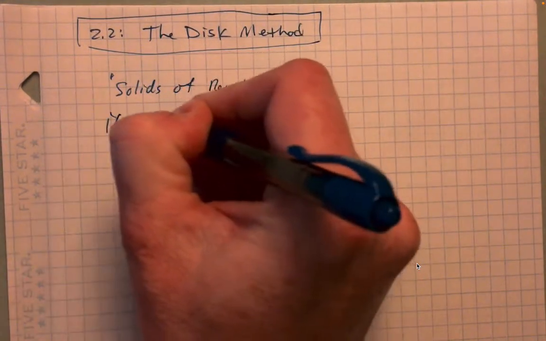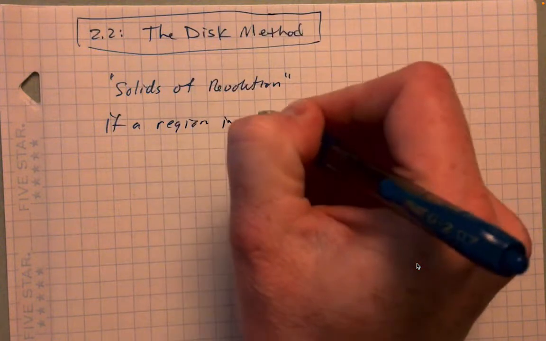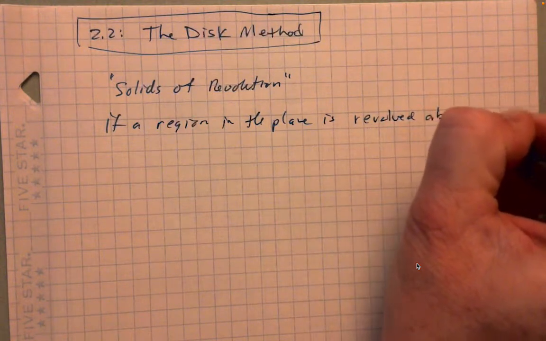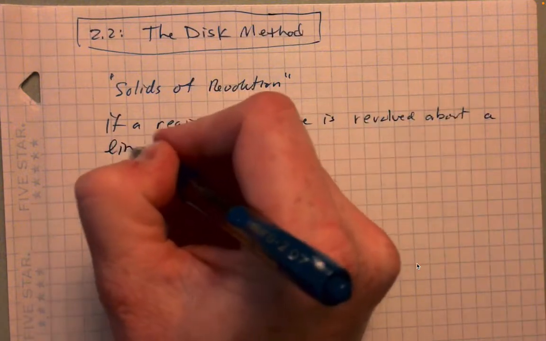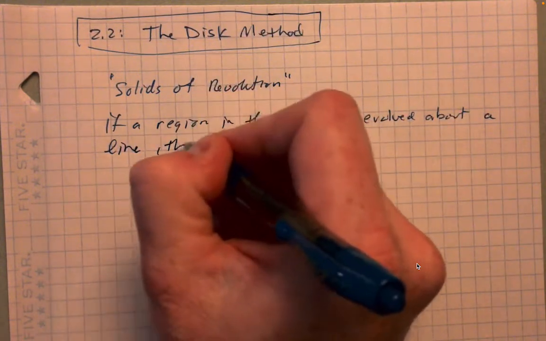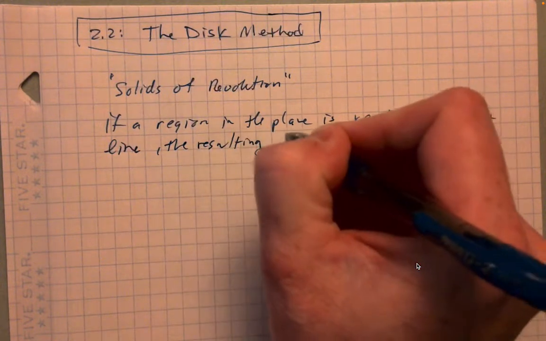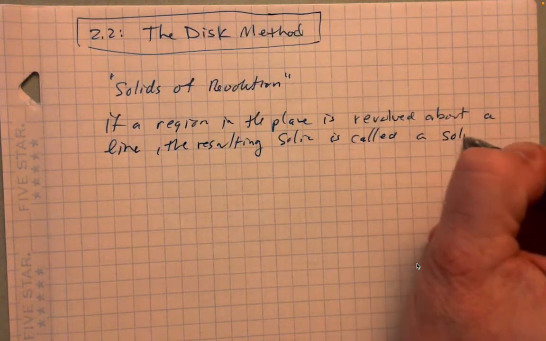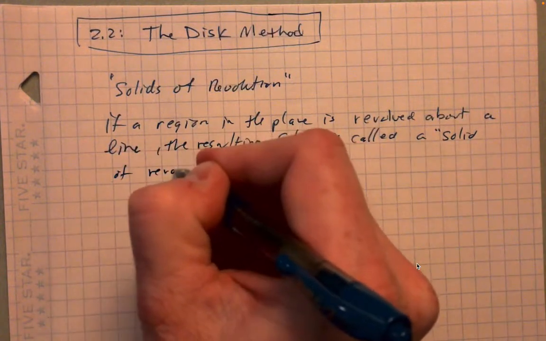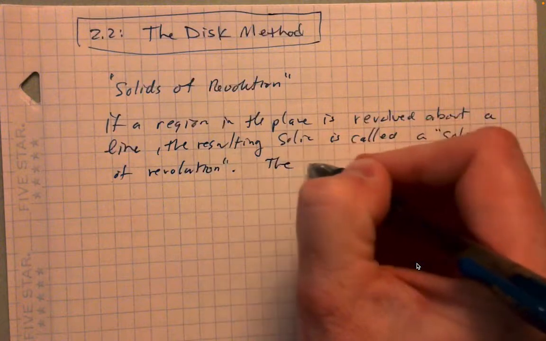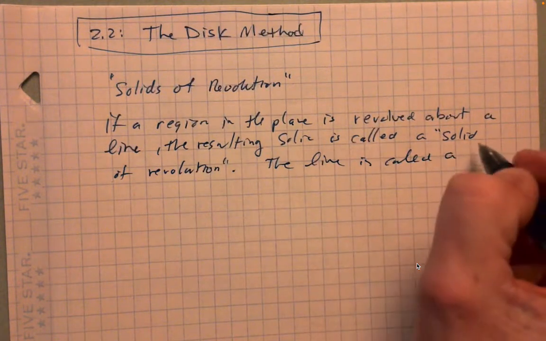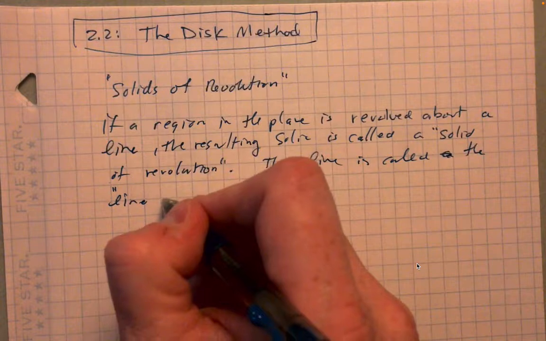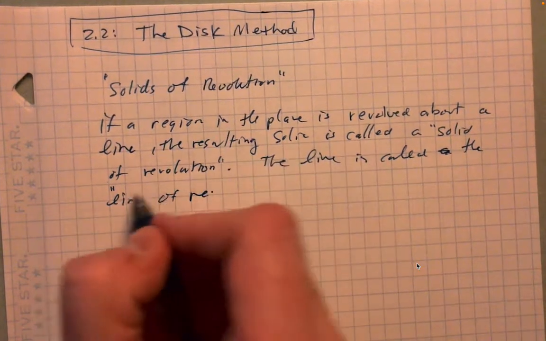If a region in the plane is revolved about a line, the resulting solid is called a solid of revolution, and the line is called the axis of revolution.